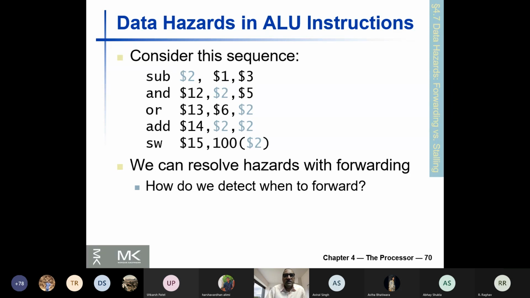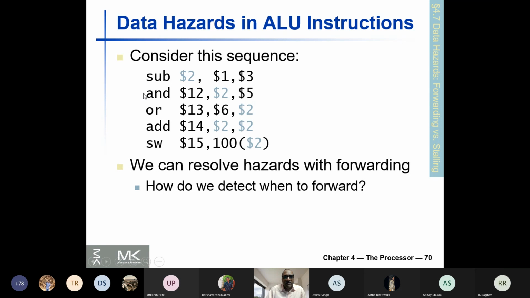We know that data hazards arise when, in a sequence of instructions, there is a dependency between successive instructions, and then we have inconsistency in the data handled by the instructions. They are known as data hazards.